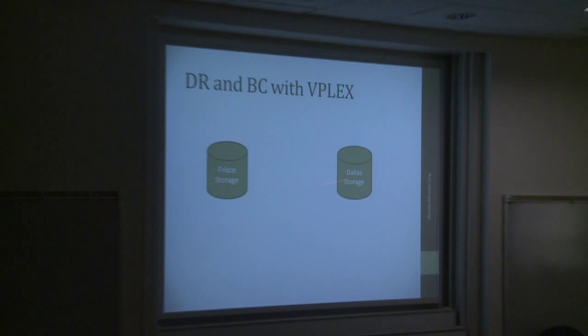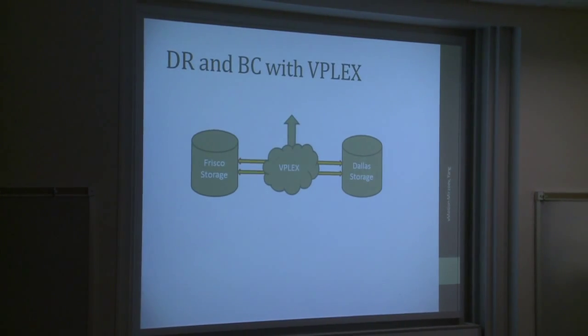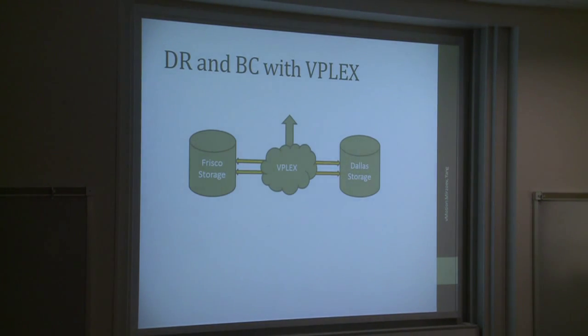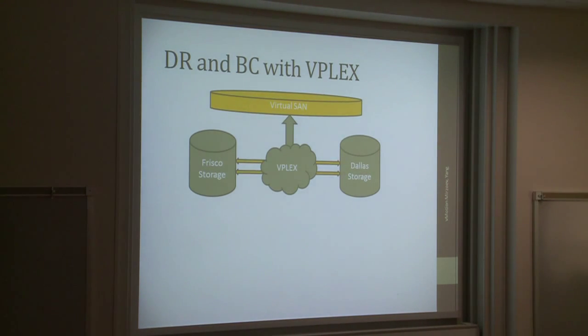And this is an animated slide here, I guess semi-animated because I have to click, right? All right, so if we have Frisco storage and Dallas storage, we can create the vPlex cloud, and that cloud, that virtualized entity, will be presented as a virtual SAN to whatever host is in different locations.